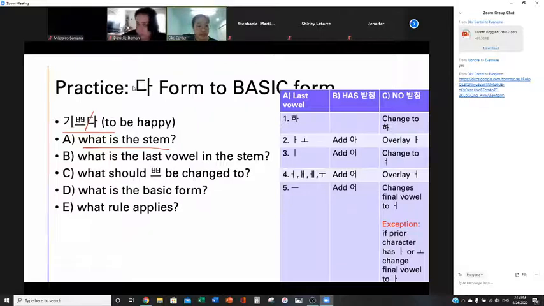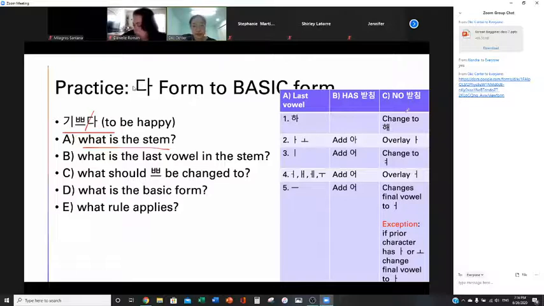So you look at the chart and see which one applies. This one, the number 5 rule. What should 쁘 be changed to? You look at the last stem right here and see if it has a pachim or not. This one doesn't have any pachim, and pachim is the final consonant, right?